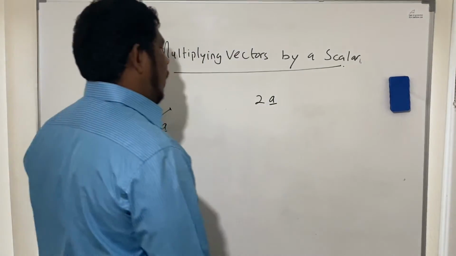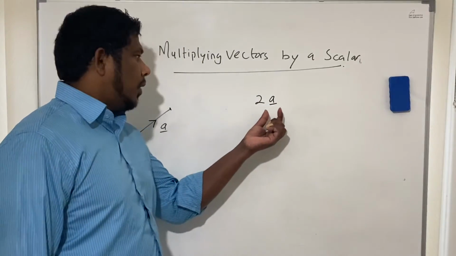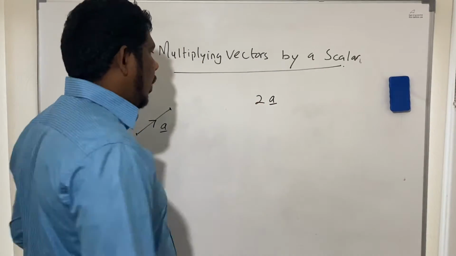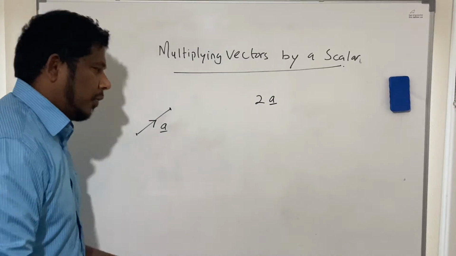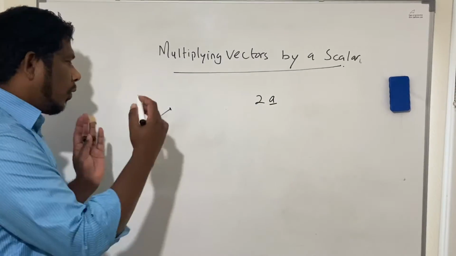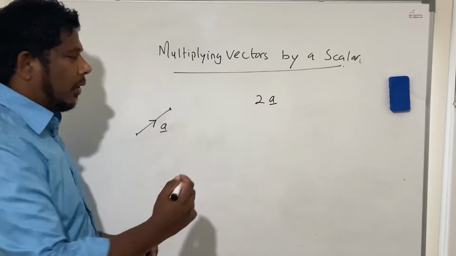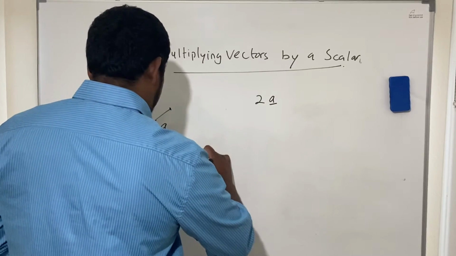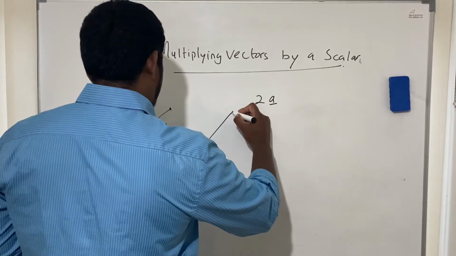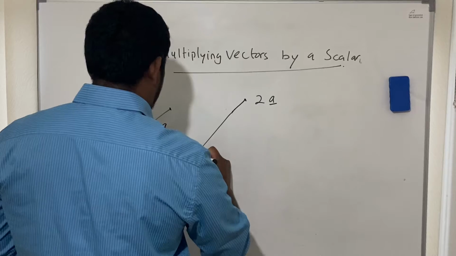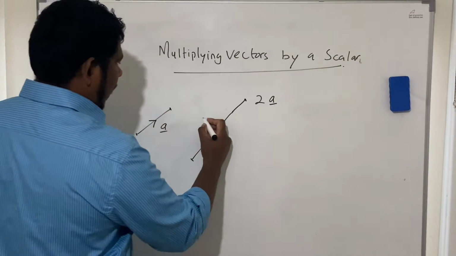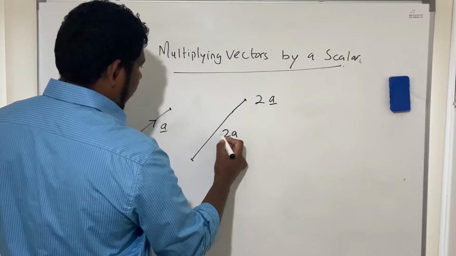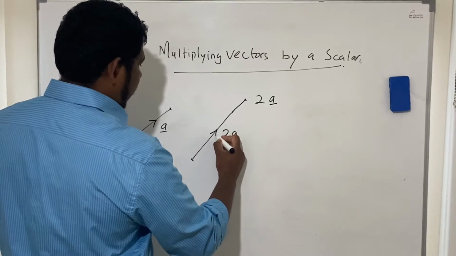What we're doing here is multiplying this vector by a positive scalar. When you multiply by a positive scalar, the direction is not going to change, only the size will change. So 2A is double the size of this vector, and it's 2A in the same direction.